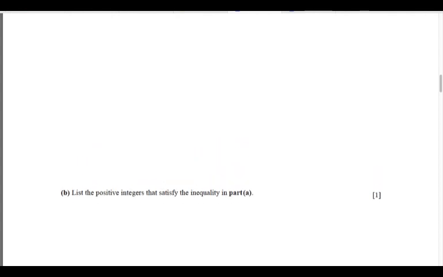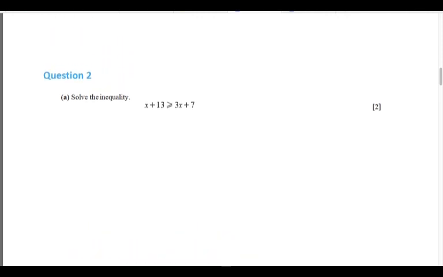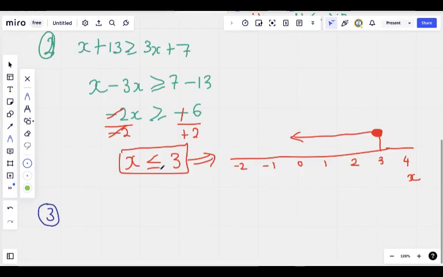It says list the positive integers that satisfy the inequality in part A. This is part A, and we said the solution was x lesser than or equal to 3. So the positive integers are 1, 2, and 3.